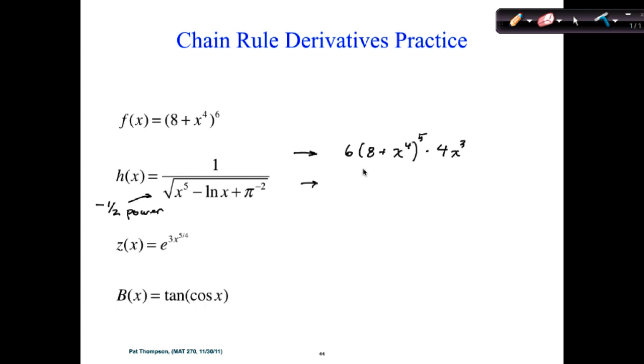And then you make it negative 1 half times x to the fifth minus ln x plus pi to the negative 3 halves, times 5x to the fourth minus 1 over x, and then derivative of pi to the minus 2.